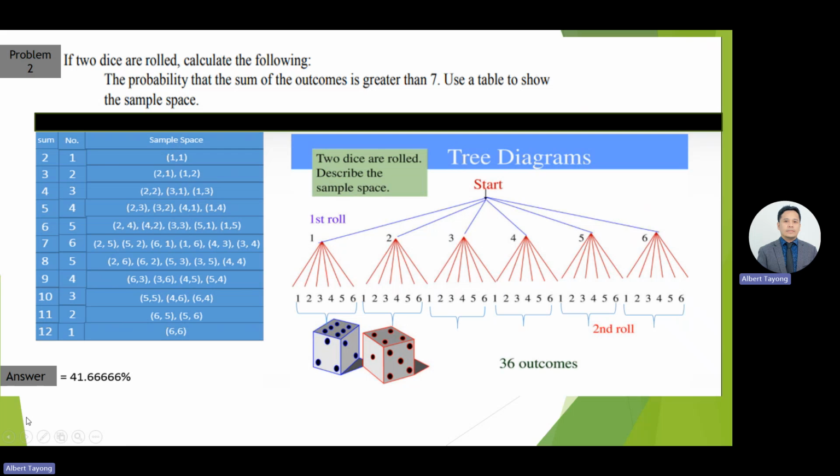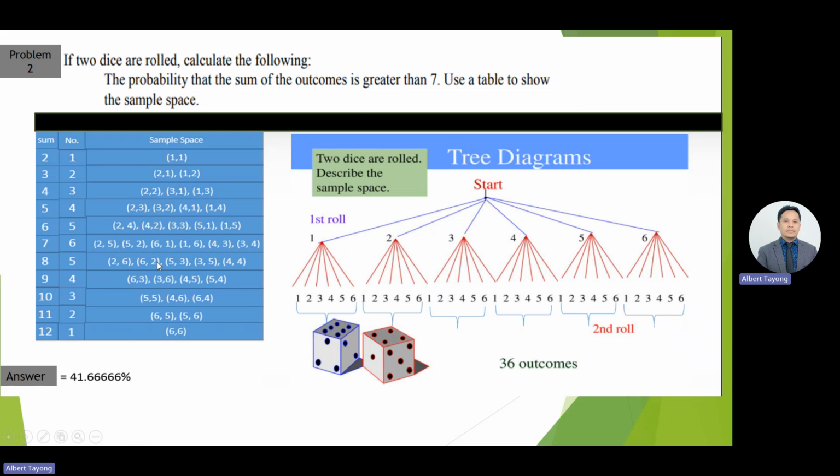So on your test, you don't need to create this whole table. You have to create a table based on the question. Now, the question here is: find the probability that the sum of the outcomes is greater than 7 using a table of sample space. So basically, what we're going to do is just to show the sums of 8 until 12, because greater than 7.